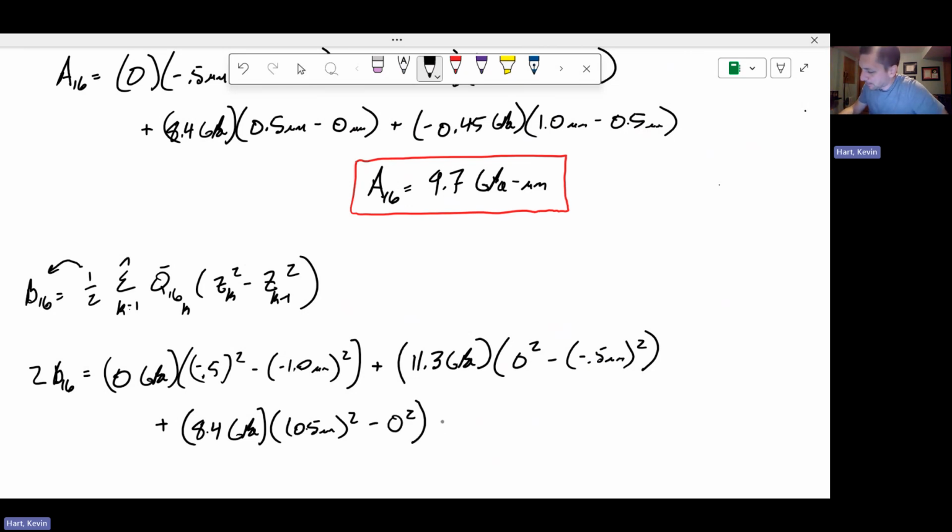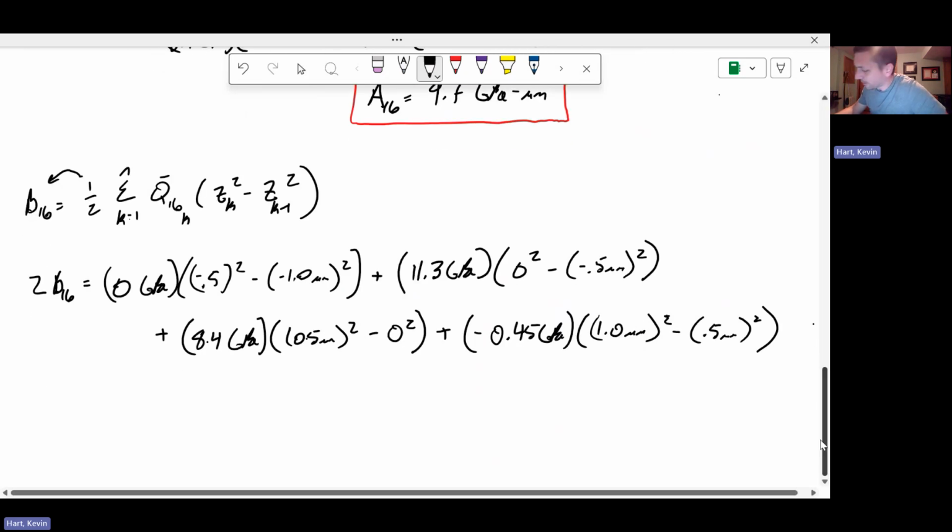Last layer, the top layer, is the 70-degree layer, negative 0.45 GPa multiplied by Z4 squared minus Z3 squared, which is 1.0 millimeters squared minus 0.5 millimeters squared.